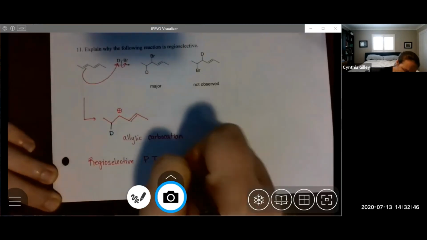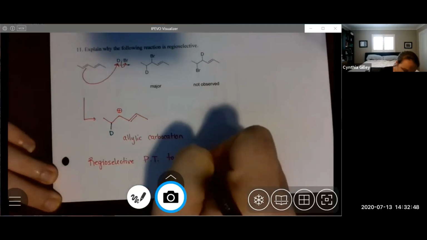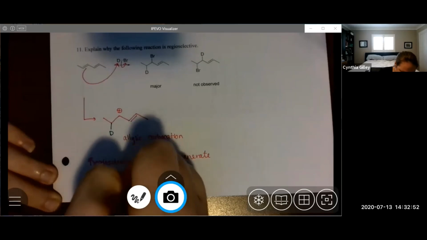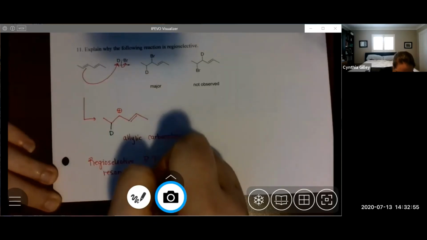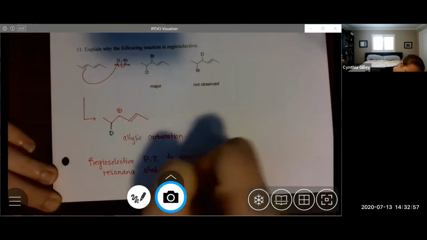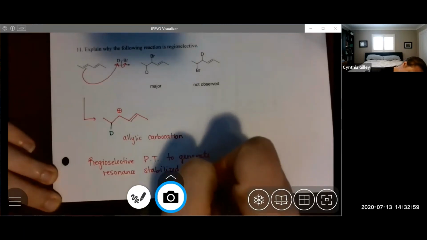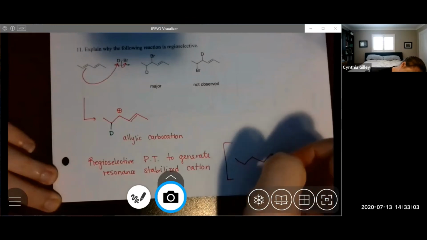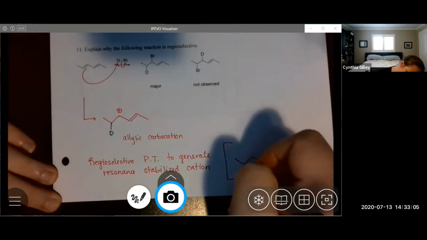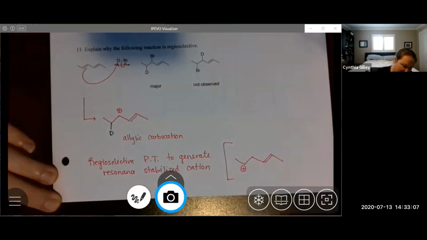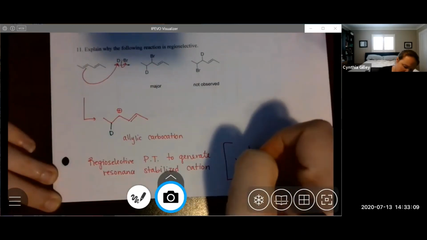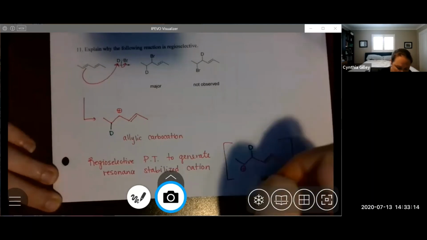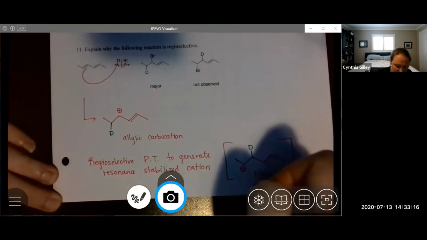to generate a resonance stabilized carbocation. If we had protonated, or deuterated in this case, the interior carbon, this is not resonance stabilized.